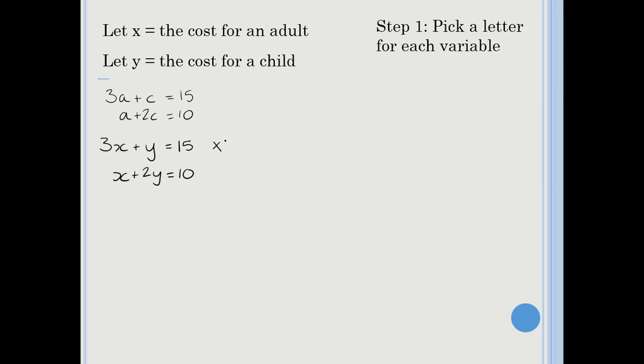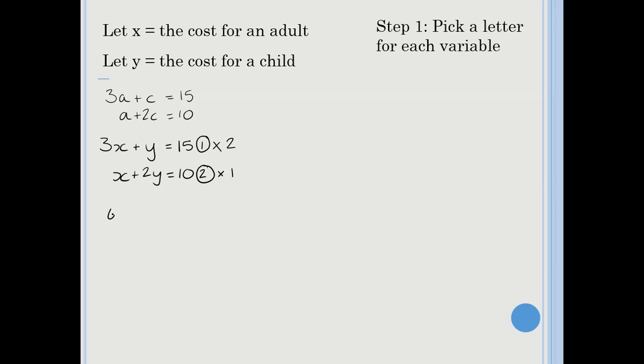So I'm going to multiply equation 1, so remember to label them as well. I'm going to multiply equation 1 by 2 because of this 2 in front of the y, and I'm going to multiply equation 2 by 1 because we've got the y on its own up here.